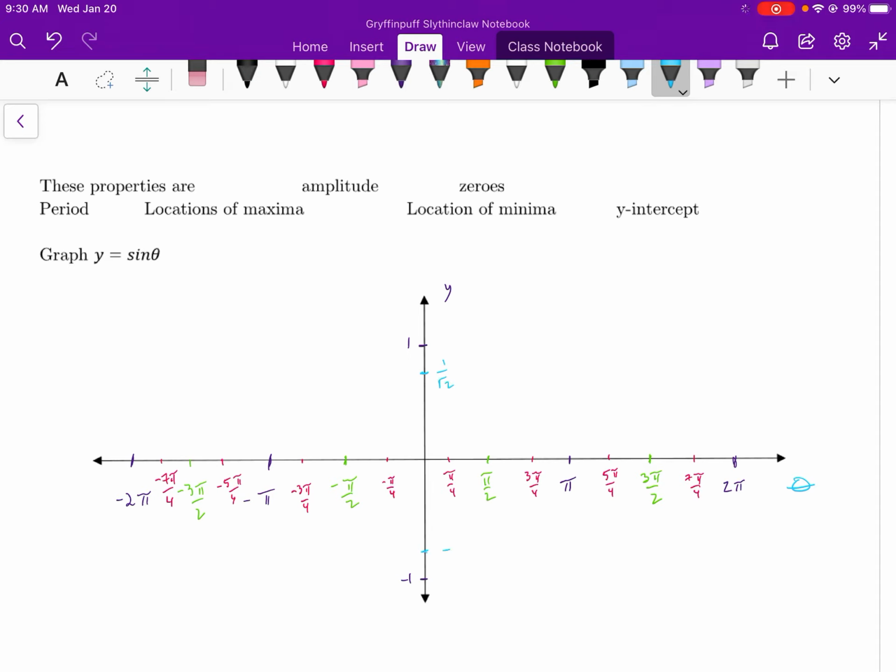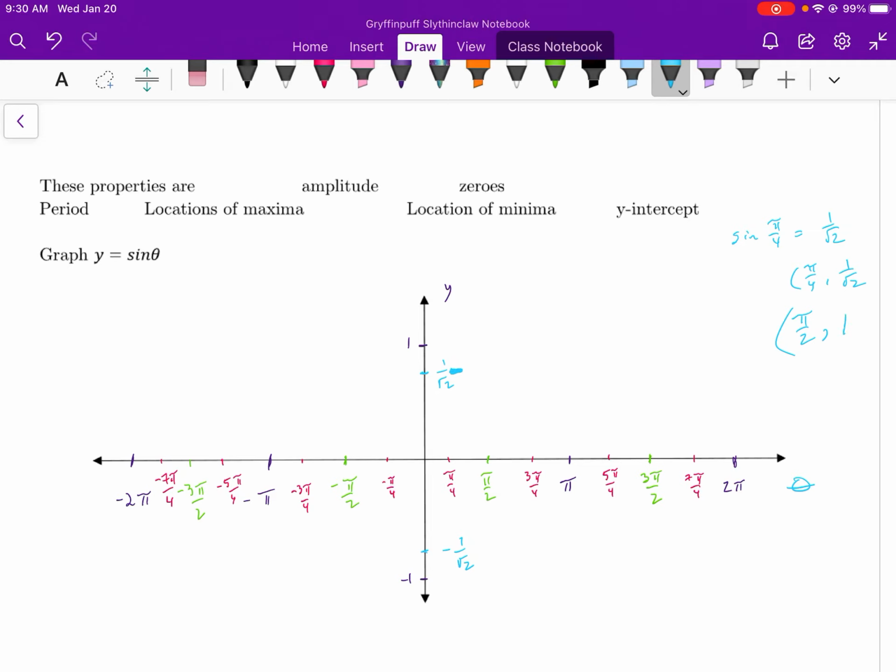Then I'm going to mark my vertical axis with 1, 1 over root 2, negative 1, and negative 1 over root 2. We know that the sine of pi over 4 is equal to 1 over root 2. So that translates into my function having the point pi over 4, 1 over root 2. Let that be my first point.